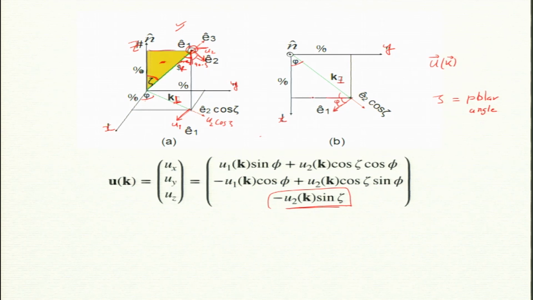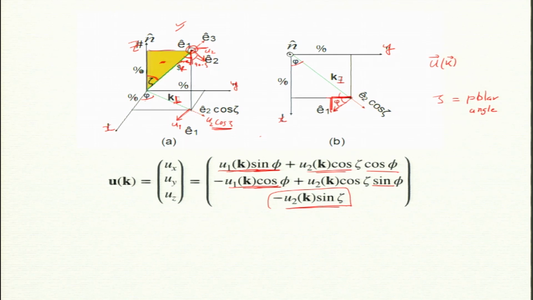No, that is the y direction. The x component is in that direction, okay. So, u1k sin phi will be this one, u1 cos phi with a minus sign is this one. Now, this is u2 cos zeta. Now, I have to take a component again, cos phi and sin phi. So, these are this, okay.